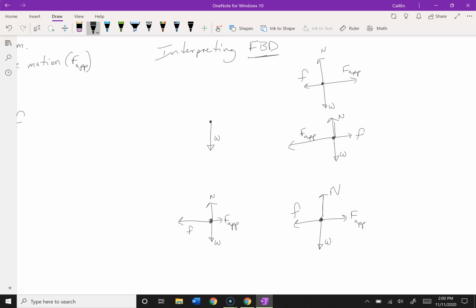Okay, all right, so now here we have our first one. In our first diagram, this object is in what we call free fall. If it were in contact with a surface, it would have a normal. But since it's not in contact with a surface, there is no normal force. We know it's falling downward because there is no applied force here or here.